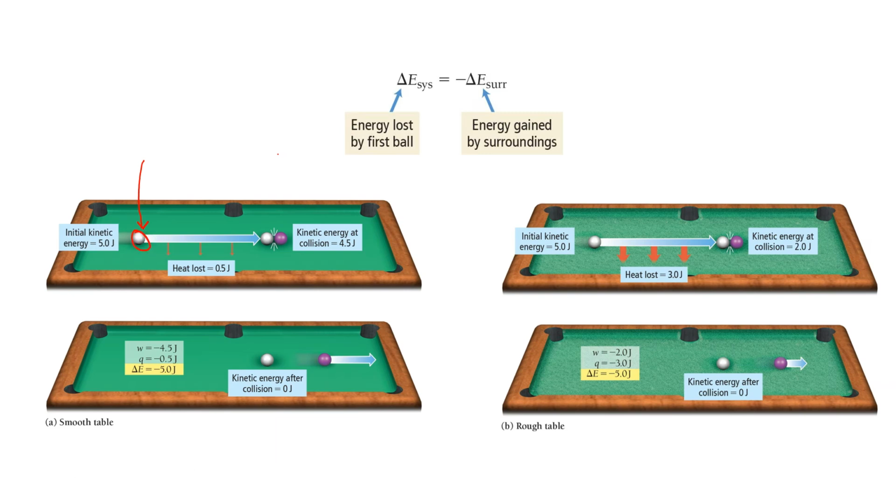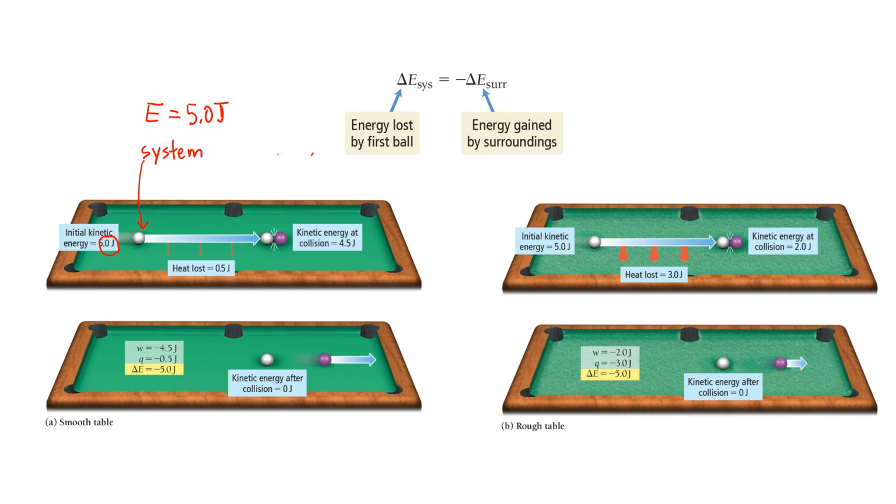So that billiard ball, we can say that's our system. And right now, the energy of the system, delta E, actually it's not even delta because we didn't change anything, it's just E. The internal energy of the system is 5 joules, right over here.